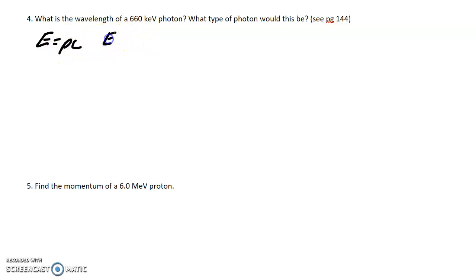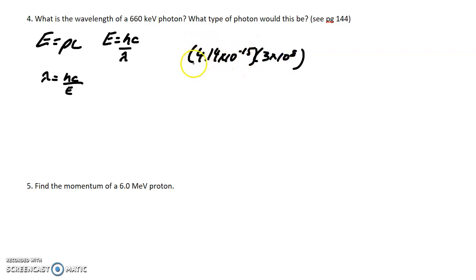We know that momentum is just equal to h over wavelength, so you can derive that the wavelength is equal to hc over E. Because we've been given the energy in electron volts, specifically kilo electron volts, we're going to use h, or Planck's constant, 4.14 times 10 to the negative 15, c, the speed of light, is just 3 times 10 to the 8, all over 660,000 electron volts.